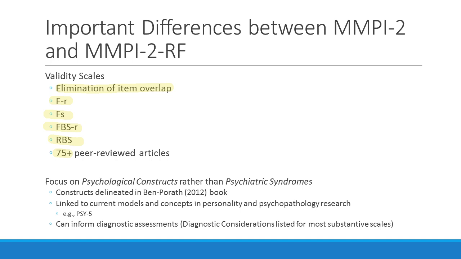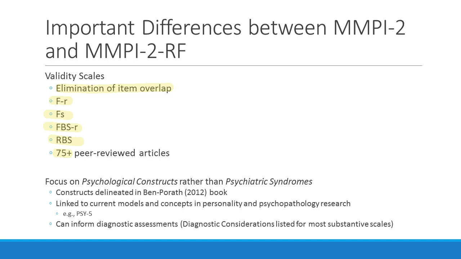Whereas for the MMPI-2-RF, they wanted to abandon that one scale to one syndrome approach and focus on a more psychometrically sound targeting of transdiagnostic psychological constructs that are all discussed in detail in Ben-Porath's book.